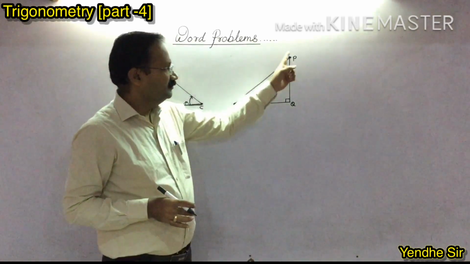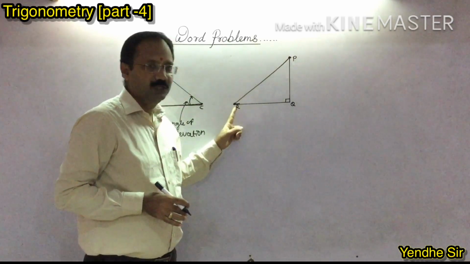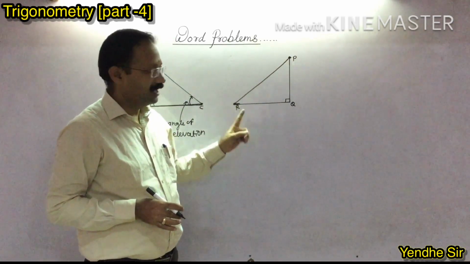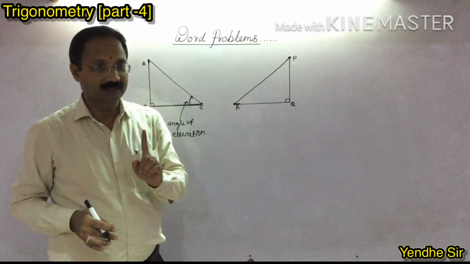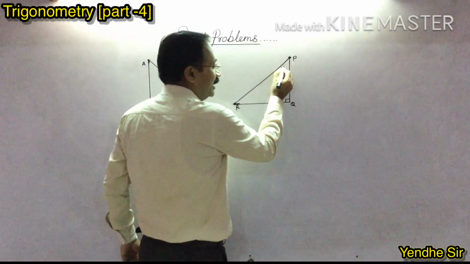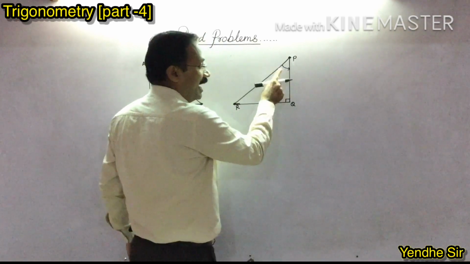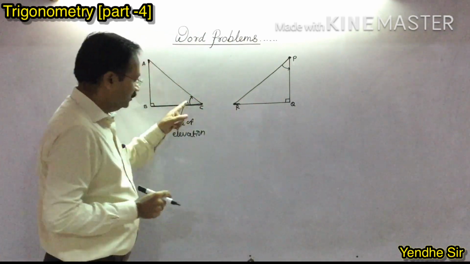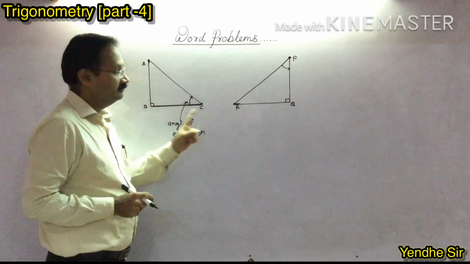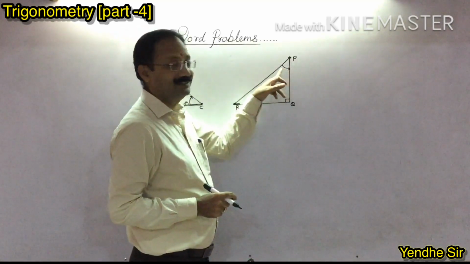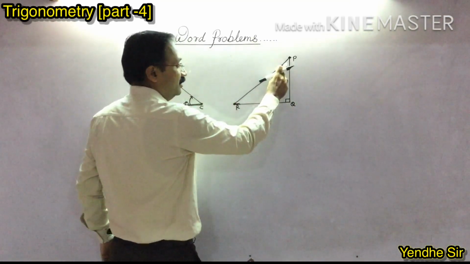At that time, it is from upper to the lower. But now here you have to remember one thing. At that time, this is not the angle. Here, this is the angle of elevation with the base line of vision. But you cannot say that this is the angle for this one.